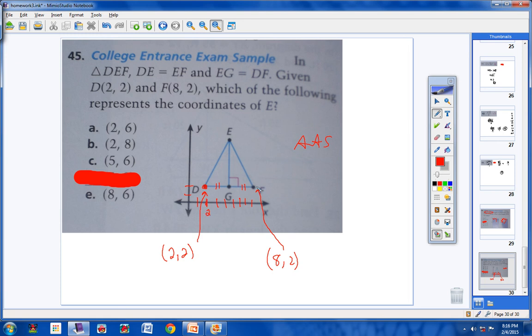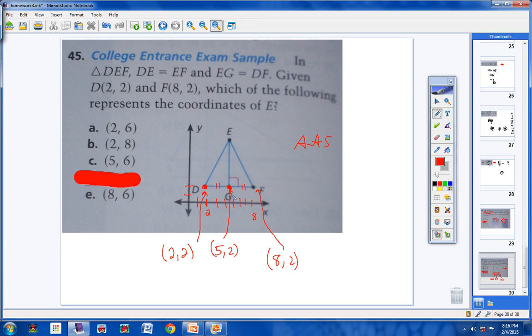This point is where on the number line? 8. So what's the distance across from 2 to 8? 6. So if these two segments are equal, that means G is right in the middle. So if G is right in the middle, how far over is G? 3. So 1, 2, 3. You're at 2. Go over 3. This ordered pair right here, G, is going to be (5, 2). So now we know that G is over 5, up 2.